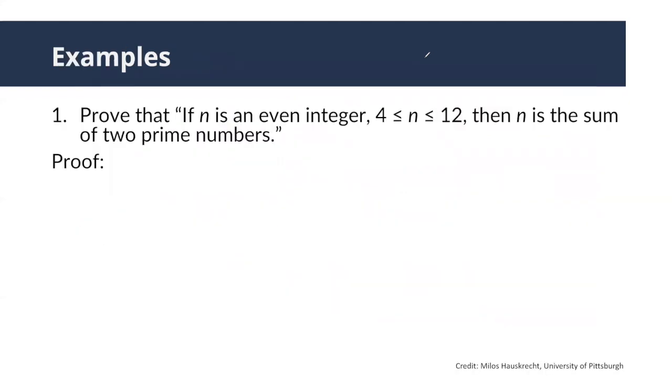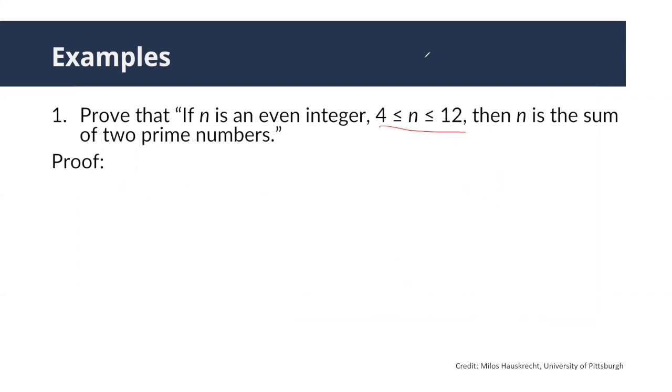Let's see some examples. First one, if n is even, where n is between 4 and 12, then n is the sum of two prime numbers. Do you still remember what is prime?